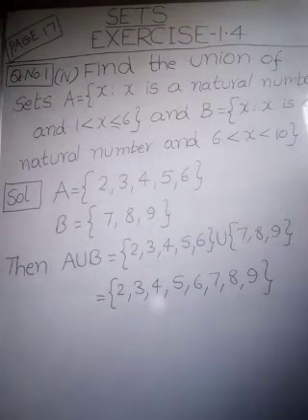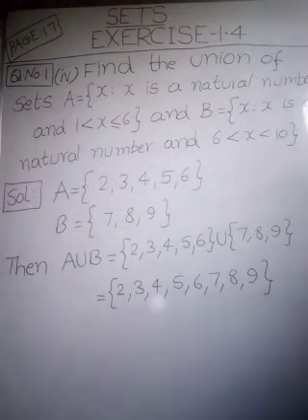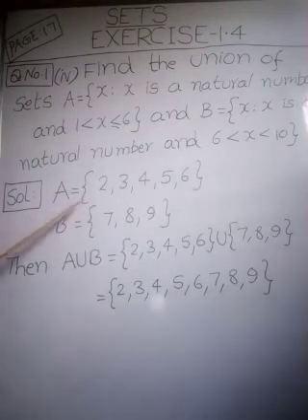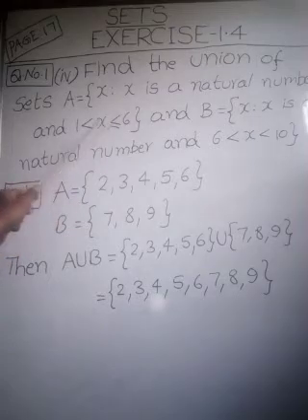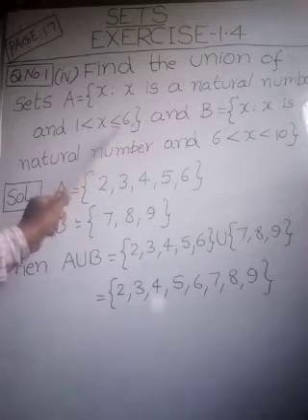Okay, my dear children. Now let us write these two sets in the roster form. Here A and B are given in the set builder form. Let us write these two sets in the roster form. So A is equal to, what are the natural numbers greater than 1 but less than or equal to 6?